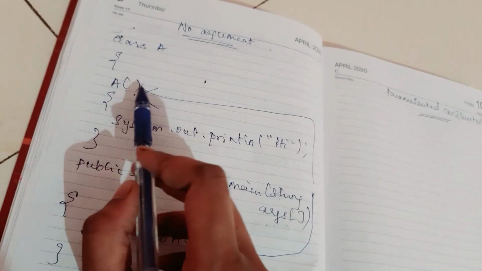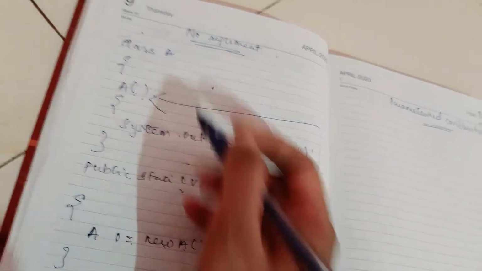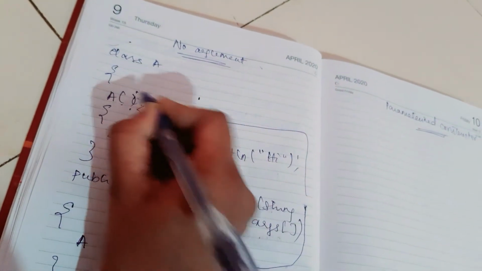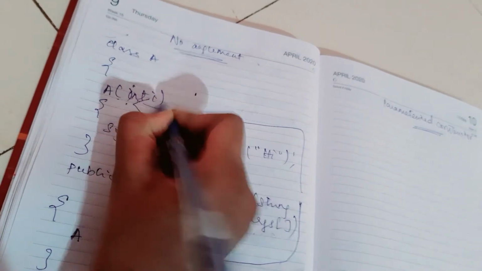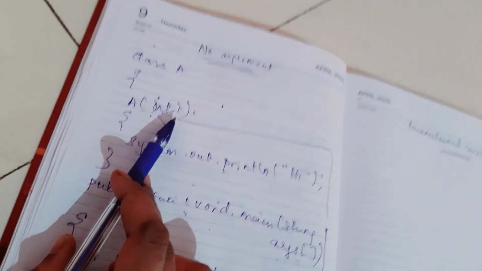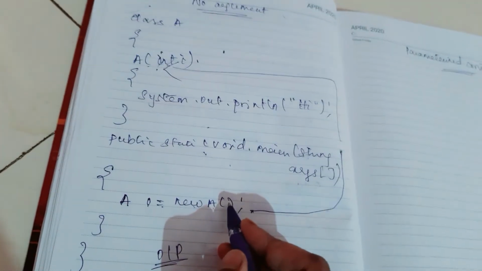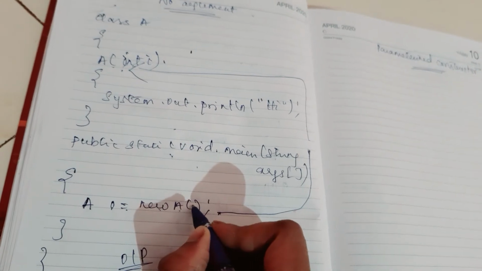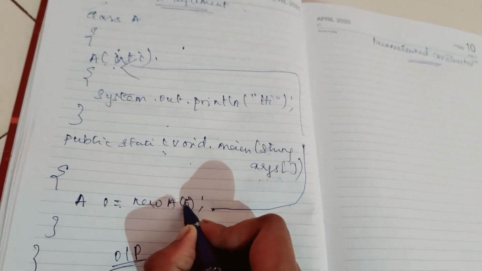In a parameterized constructor, instead of plain open and close brackets, I'll be passing some parameter, for example int i. So I'm passing int i here. And inside my object creation, I have to pass a value. For example, I'll pass 5.